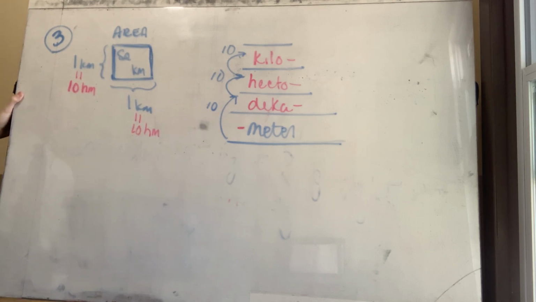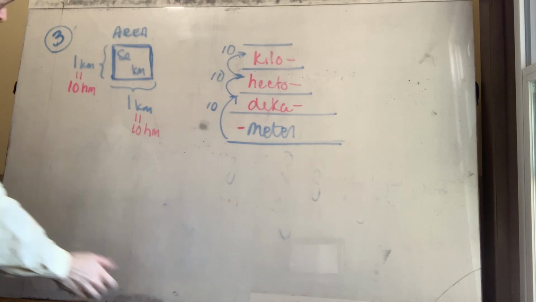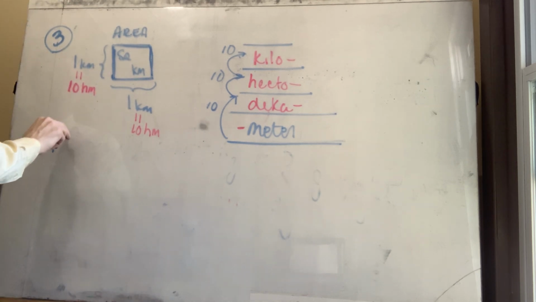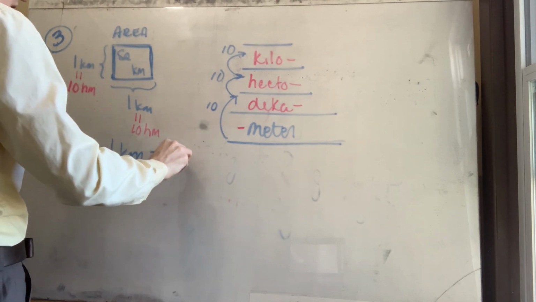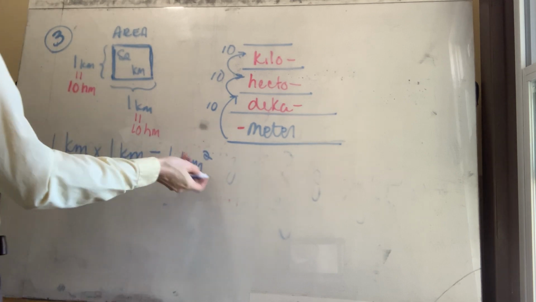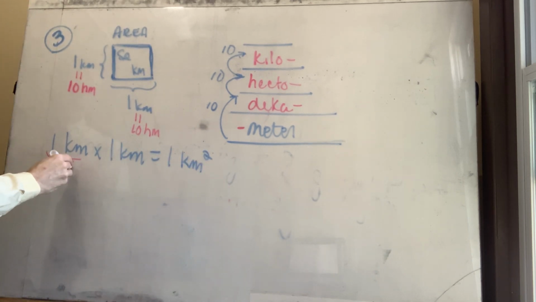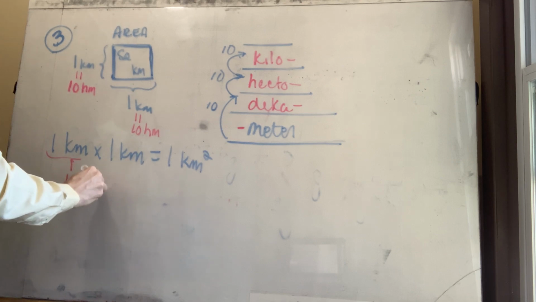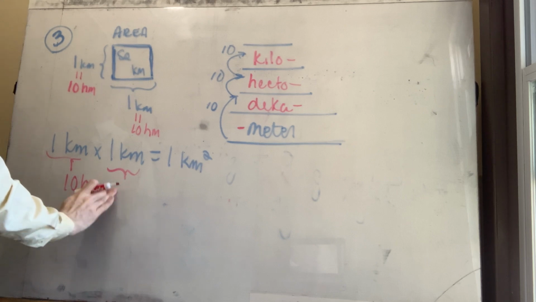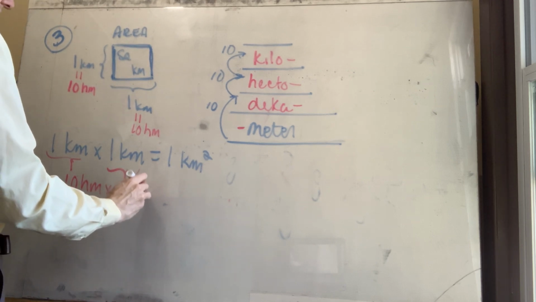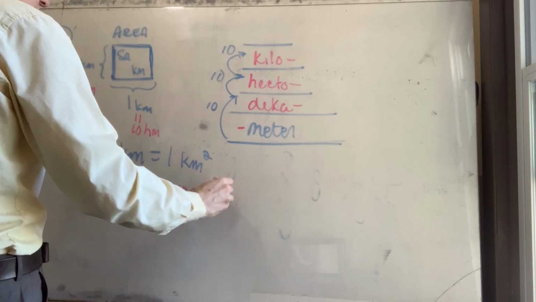So if you wanted to build sort of a conversion factor, instead of it being 1 kilometer times 1 kilometer equals 1 kilometer squared, 1 squared kilometer, we could have the equivalent of 10 hectometers times 10 hectometers is equal to 100 hectometers squared.